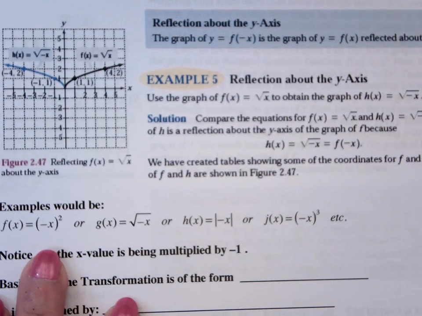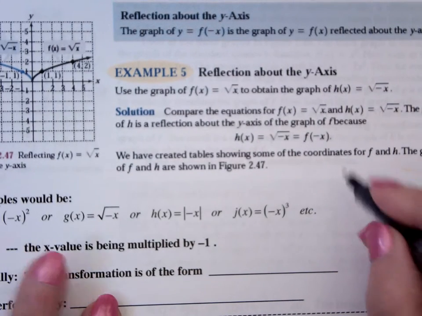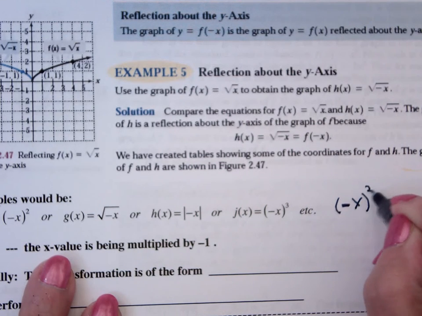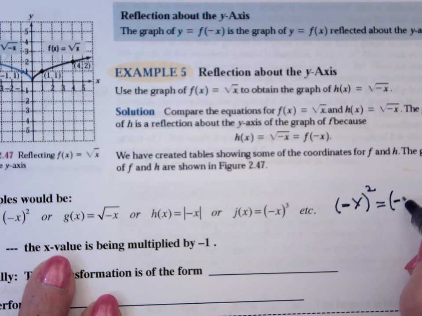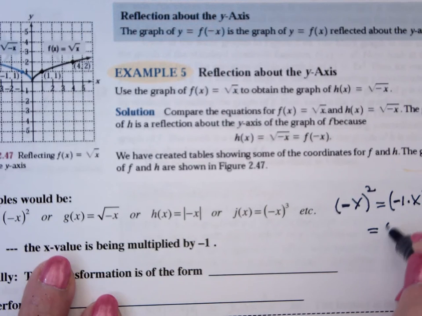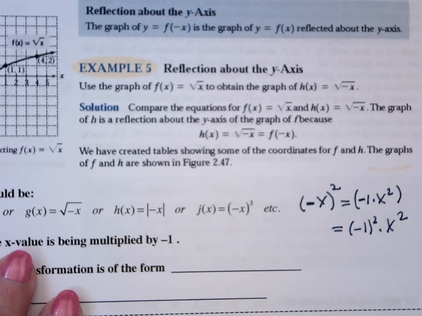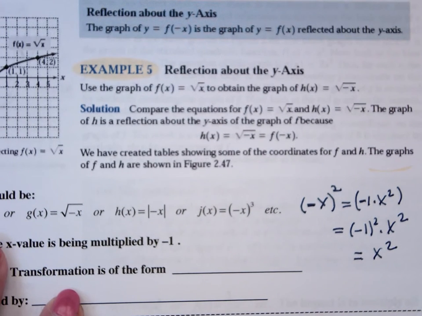Well, if I take the opposite of x, the quantity squared, this is the same as -1 times x, squared, which is the same as -1 squared times x squared using the property of exponents. And what you're going to get out of this is just x squared. It doesn't make a hill of beans difference.